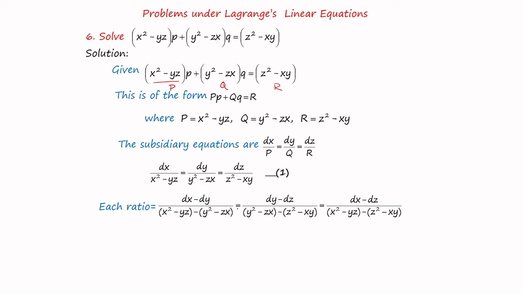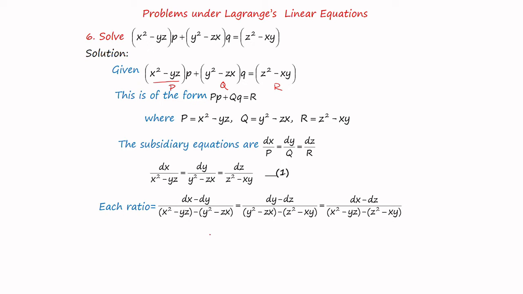Next, this will be equal to dy minus dz by y squared minus zx minus z squared minus xy, which will be equal to dz minus dx, or you can do dx minus dz, divided by x squared minus yz minus z squared minus xy.